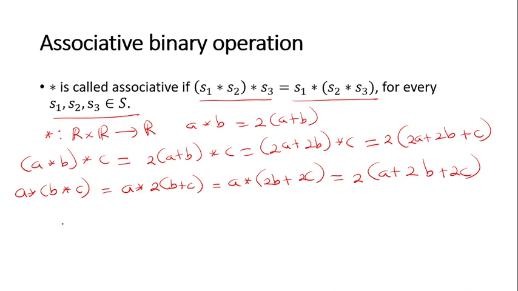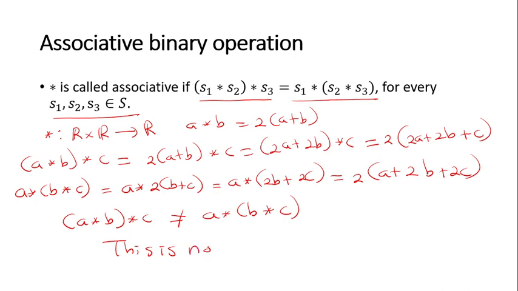By looking at these two you can conclude that (a star b) star c is not equal to a star (b star c). Therefore this is not an associative binary operation.